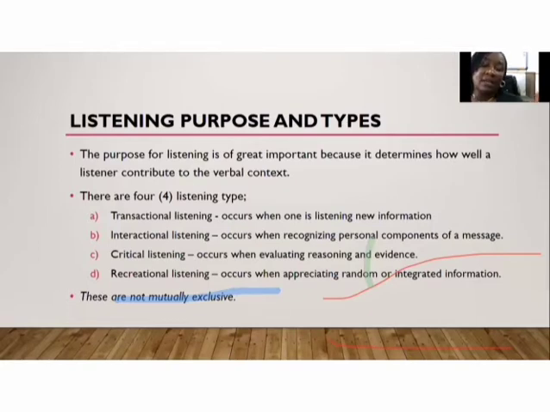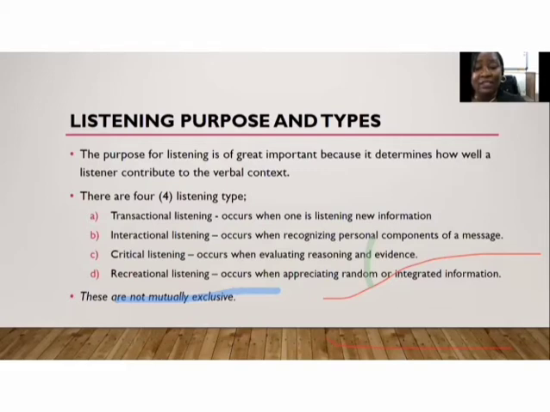The second type is the interactional listening. And this occurs when you recognize personal components of a message. For instance, if in the class I say, those of you who are not registered, please stand up. You listen and then you pick up that personal component of the message.